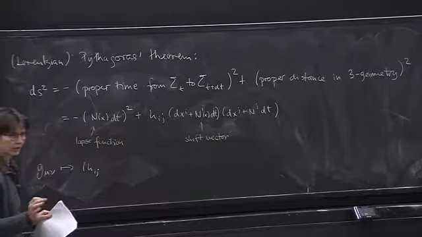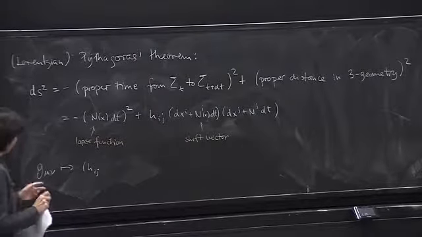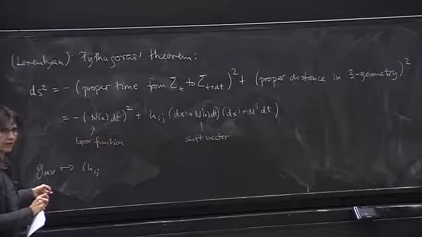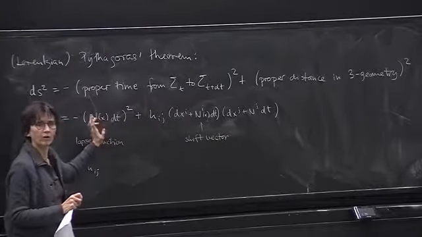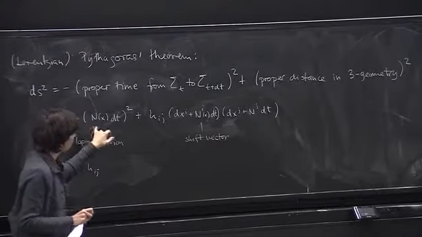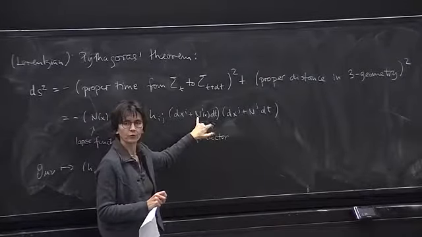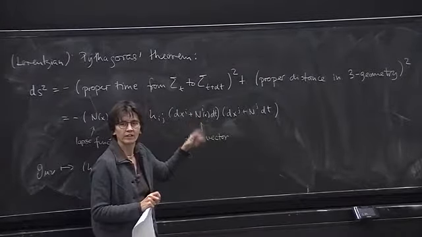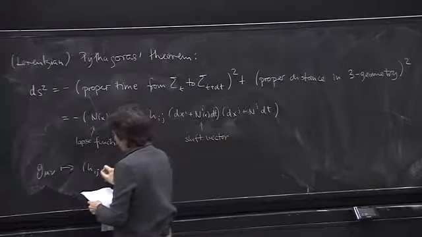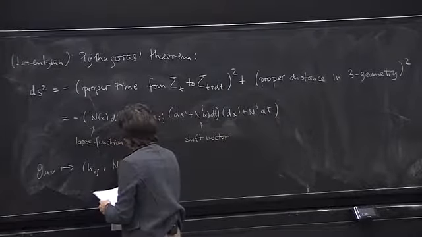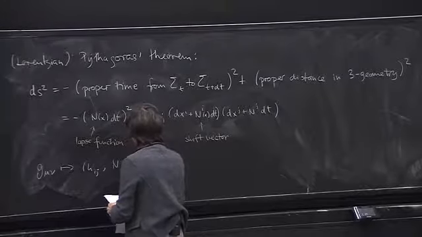I mean, that was clear. But I said, of course, there's more information in this. And this has now been encoded in these 4 functions, namely the lapse and the 3 components of the shift vector. So this is the additional data I need for the information to be preserved, you might say.